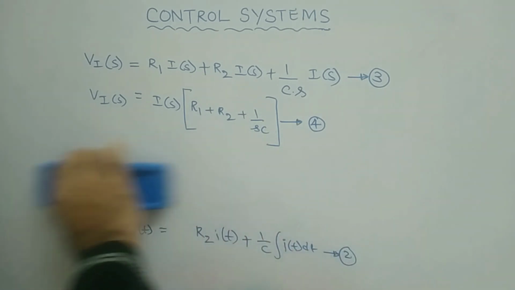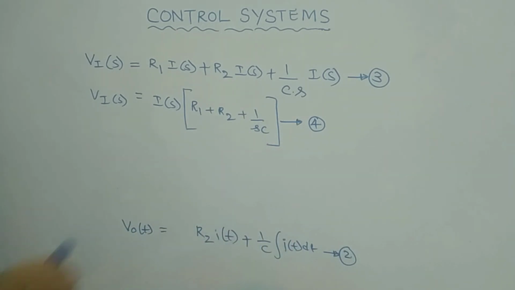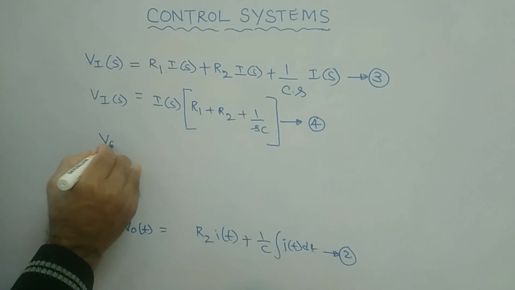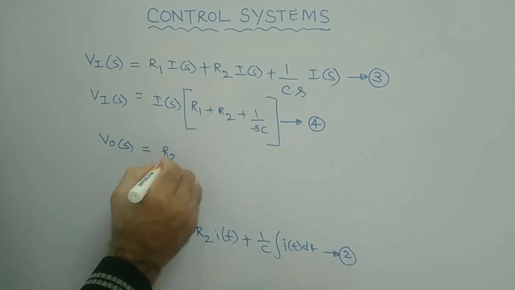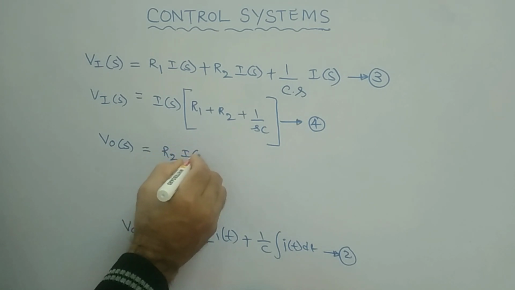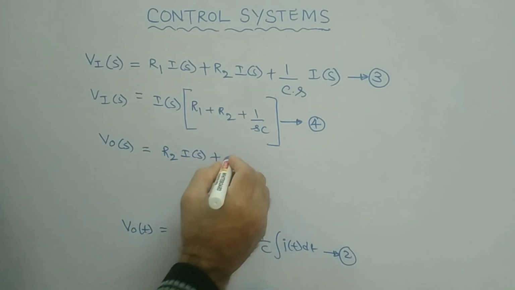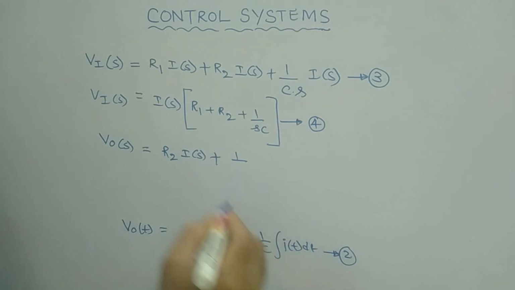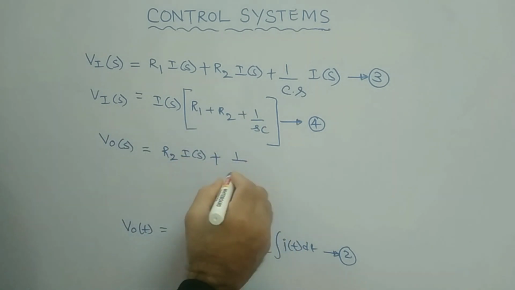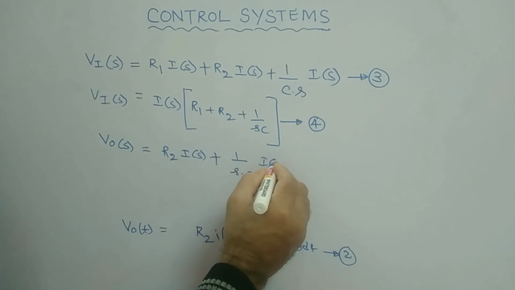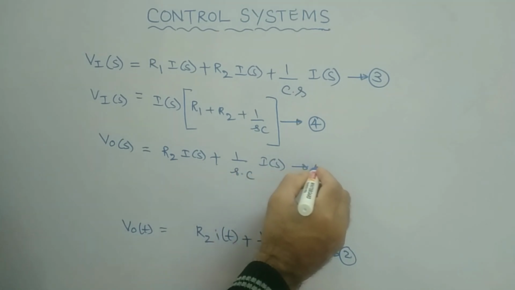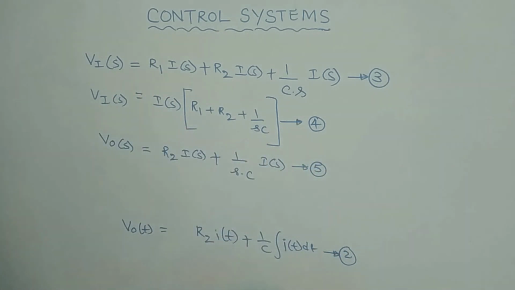So if you apply the Laplace transformation to equation number 2, then it becomes like this. V naught of s is equal to, simply, R2 into, again, I of s plus 1 by s into c, same as above, I of s. You can call it equation number 5 if you require.